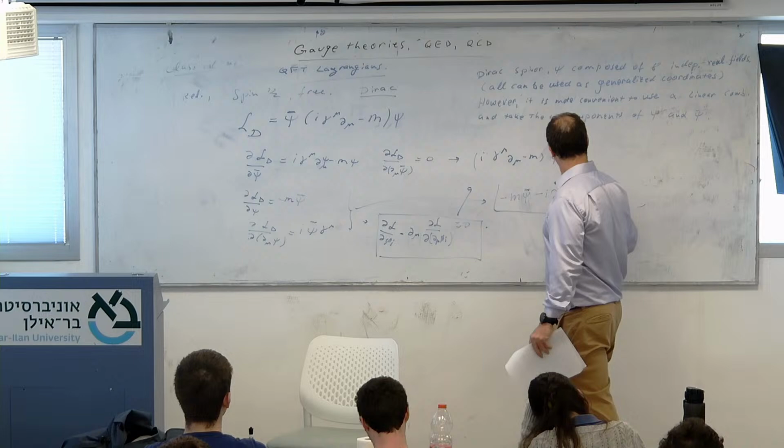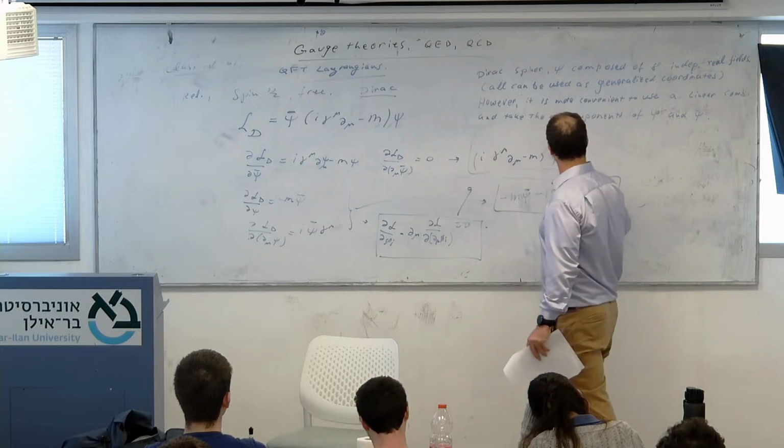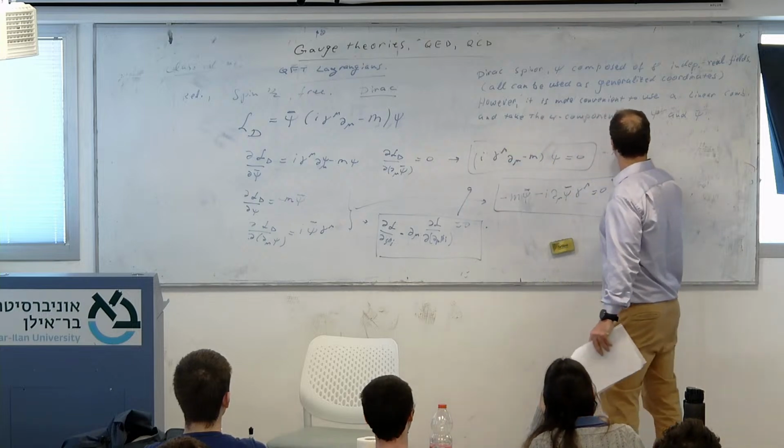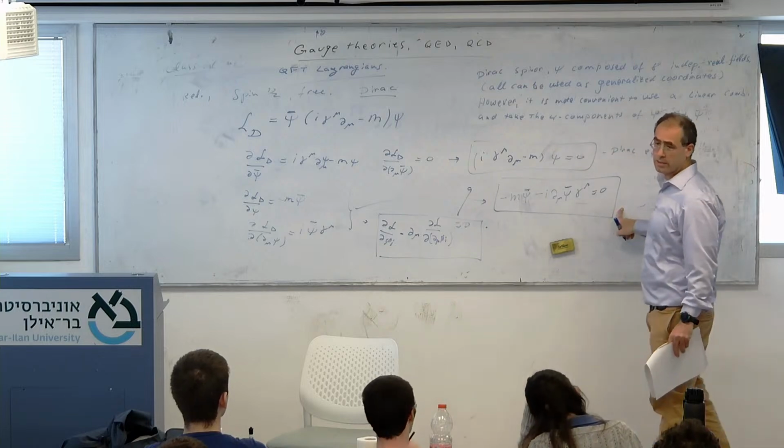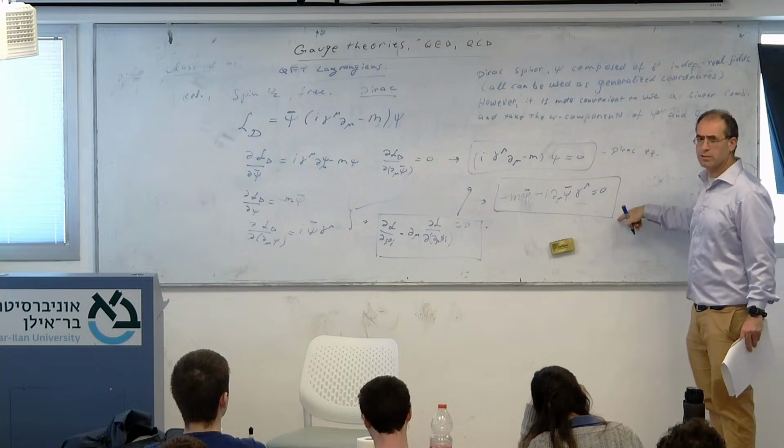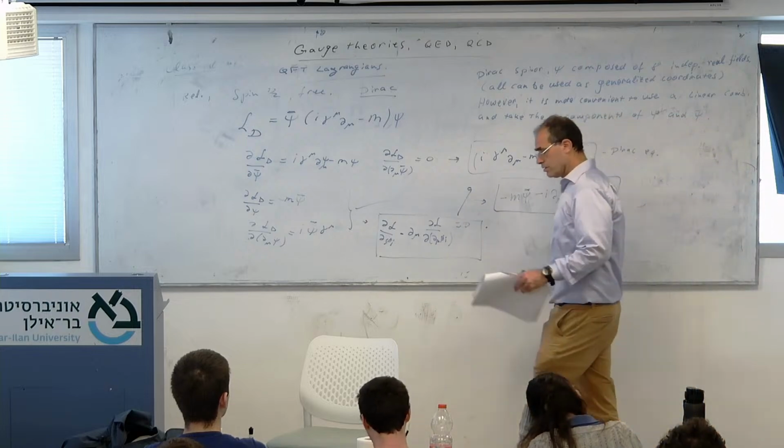So it's also a correct equation. Right? This is the Dirac equation, the second equation, which can be directly obtained from the Dirac equation, really, but it can be obtained here as well.